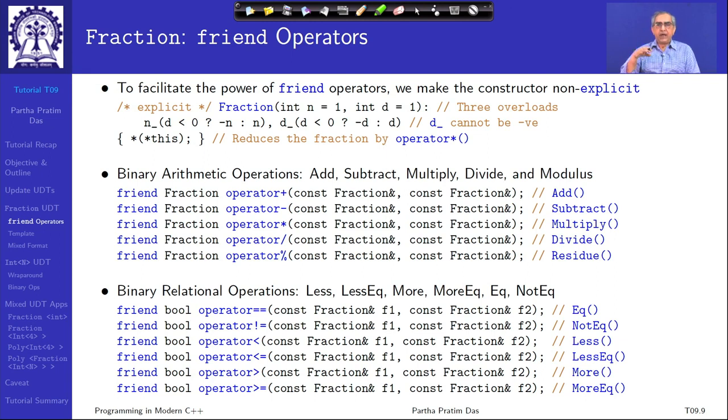In the process, we are also removing the explicit constructor qualifier that we had, and the reason will become clear soon. If a constructor is explicit, then we cannot just take an integer or a pair of integers and use them in the context of a fraction. We will have to specifically write fraction. So, to remove that restriction, we remove the explicit qualifier here.